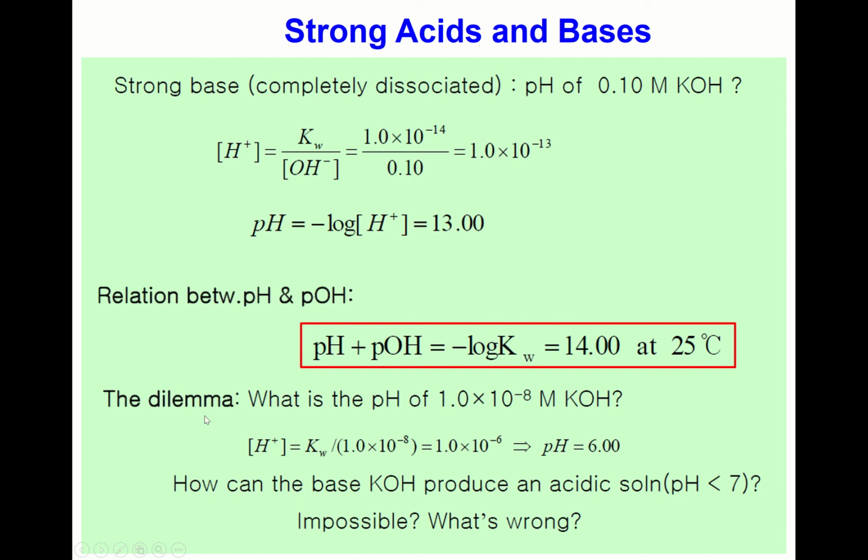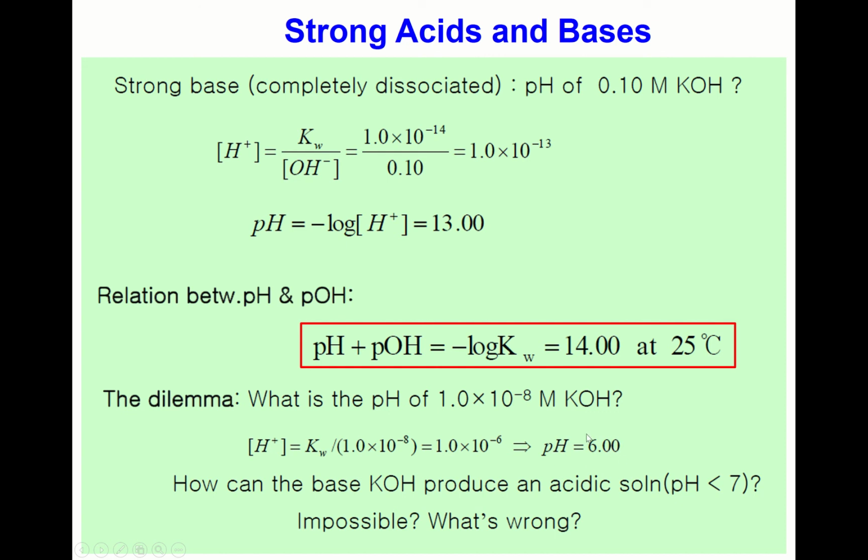Here is the dilemma. What is the pH of 10 to minus 8 molar KOH? With blind application of this calculation, you may calculate proton concentration equals Kw divided by the hydroxide ion concentration, and you end up getting 1.0 times 10 to minus 6 molar for proton, and pH is 6.00.